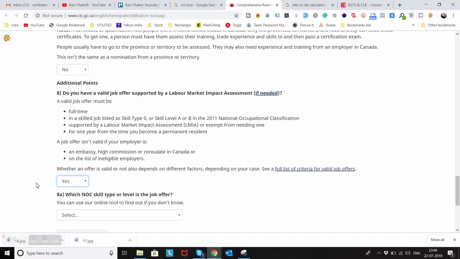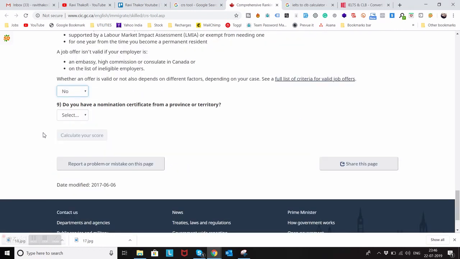Most employers are not willing to go through this long procedure and also pay for it. You will be really lucky if your employer is supporting you through LMIA. For me, since I already completed 1 year of experience, I didn't think about asking my employer about any LMIA. So I'll select no here.